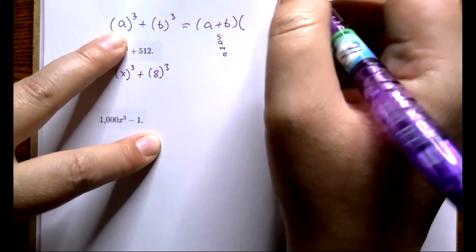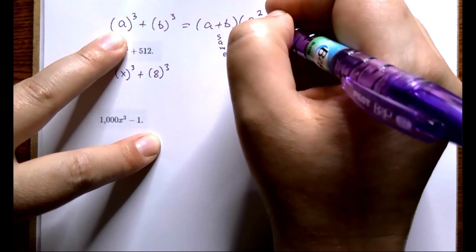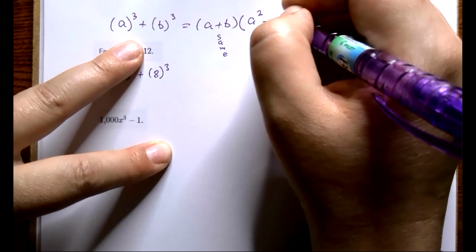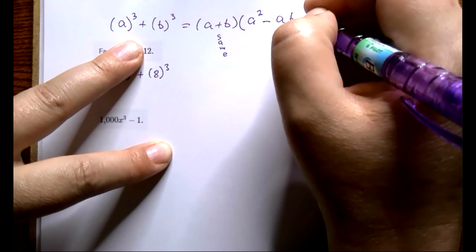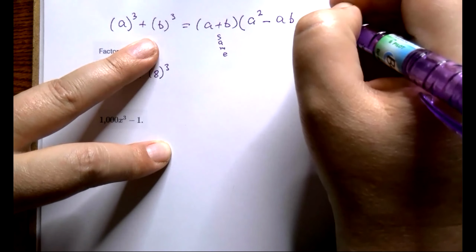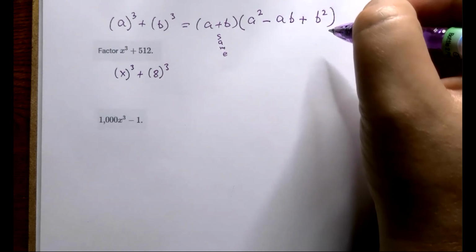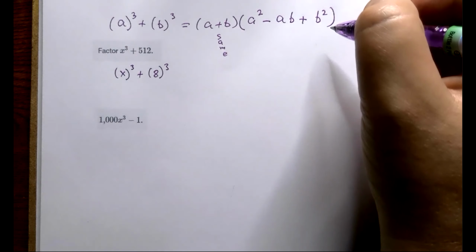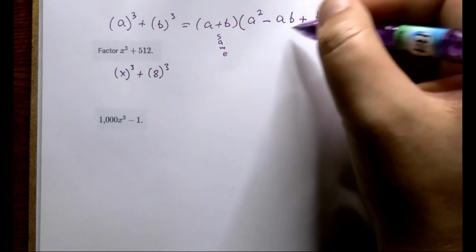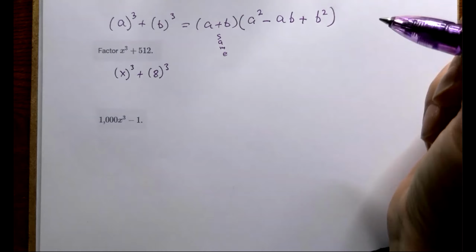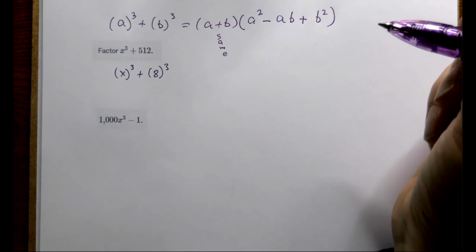And then you have a squared minus ab plus b squared. The rest is kind of like a quadratic, but without the 2 in the middle term.